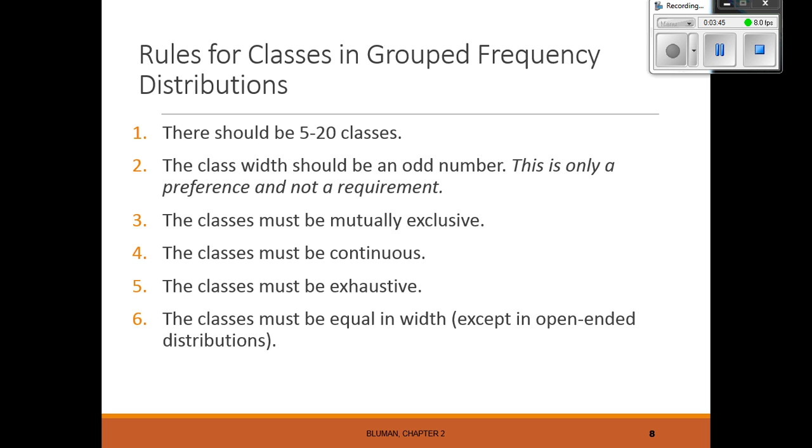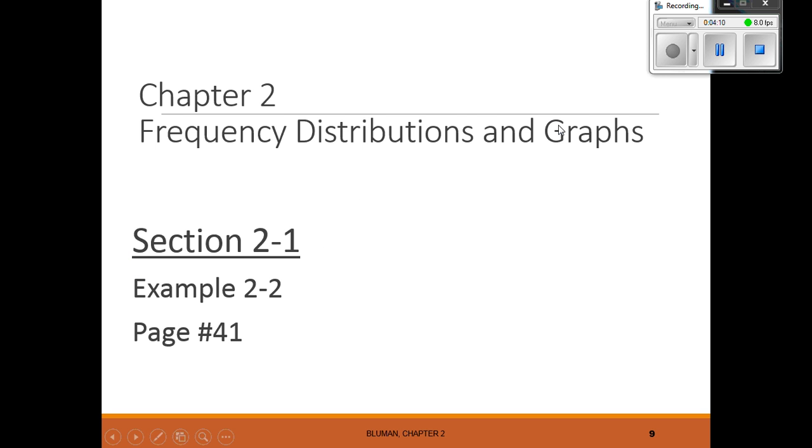That's open-ended, meaning anybody 80 years old and on up. Now, that obviously covers more than the other classes. The other classes were only 10 big. This one is much larger. But the amount of people in that class is so small that you don't want to do 80 to 90, 90 to 100, 100 to 110, and so on. So you may just say 80 and up. That's called open-ended.